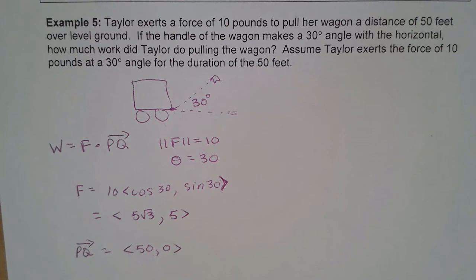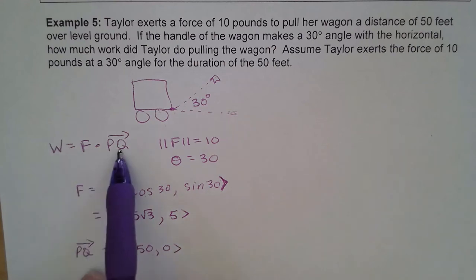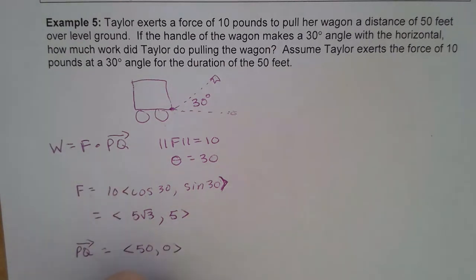Now that we have vector f and vector PQ, we can just do the dot product. So work equals the vector 5 square root of 3, 5, times the vector 50, 0.